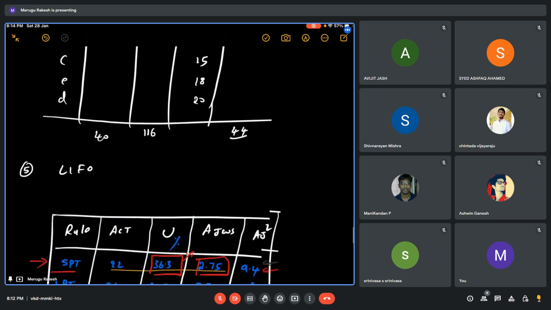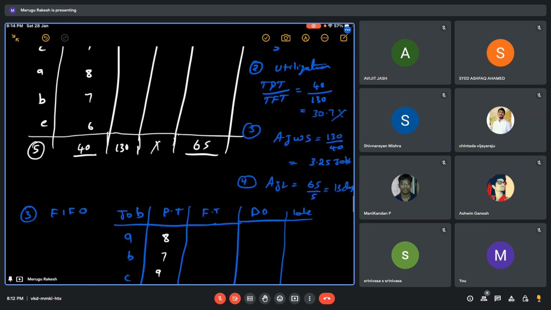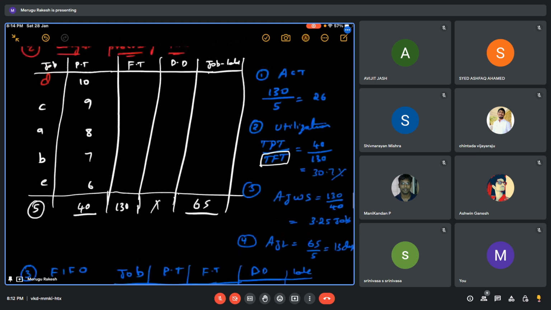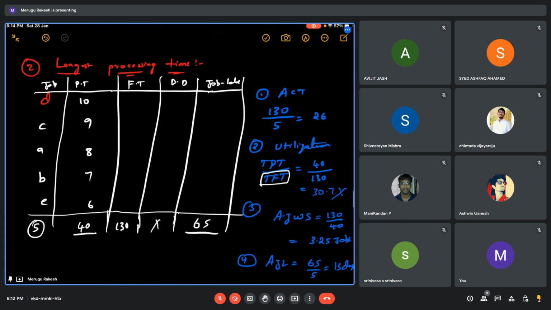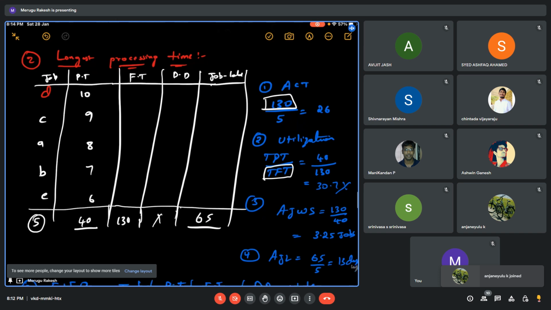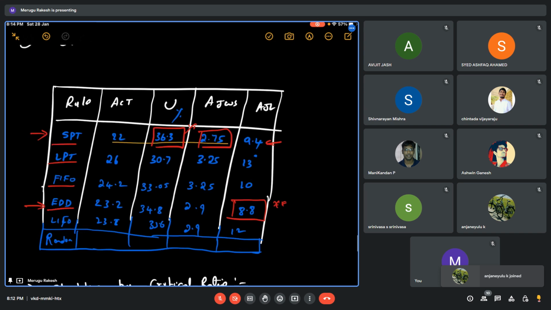It is the average flow time, summing up the total flow time.